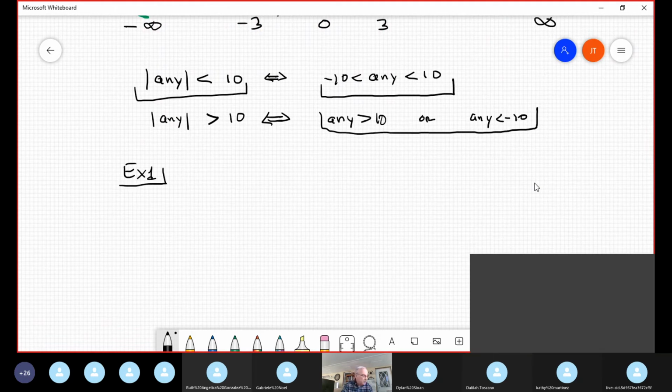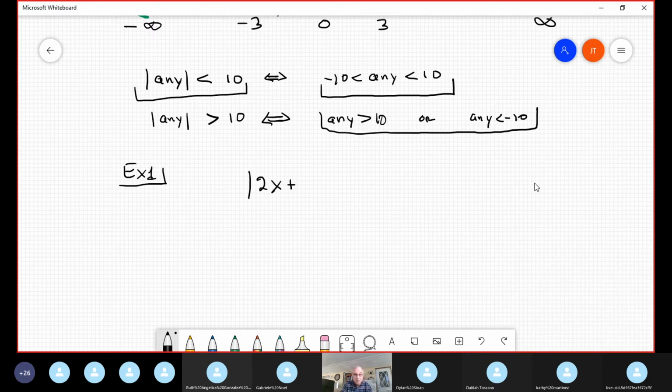Example one of that part is absolute value 2x plus 1 less than 7. Okay. Immediately, you identify: wow, it's the less than case. Therefore, the solution contains one interval, not two. Okay, this is classical. And you remove the bar.